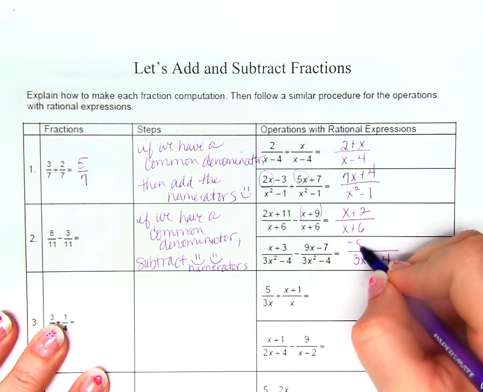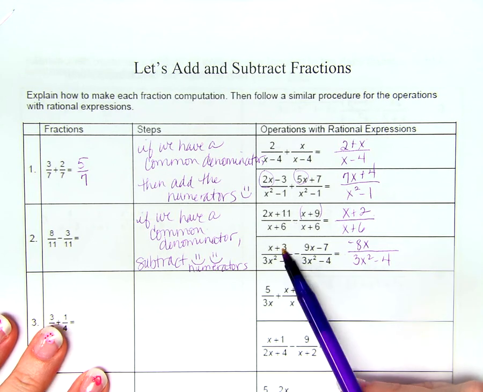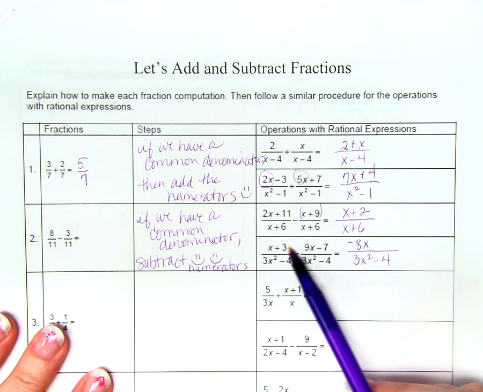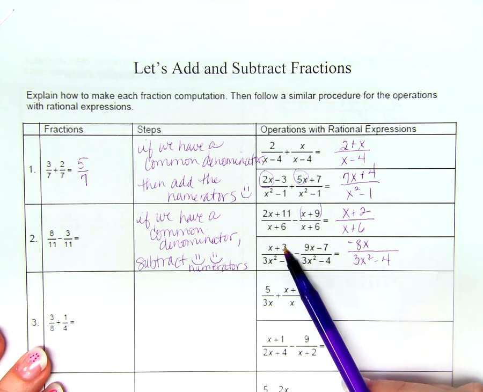Negative 8x. So again, we're arguing about the numbers, right? 3 minus negative 7? What is 3 minus negative 7?